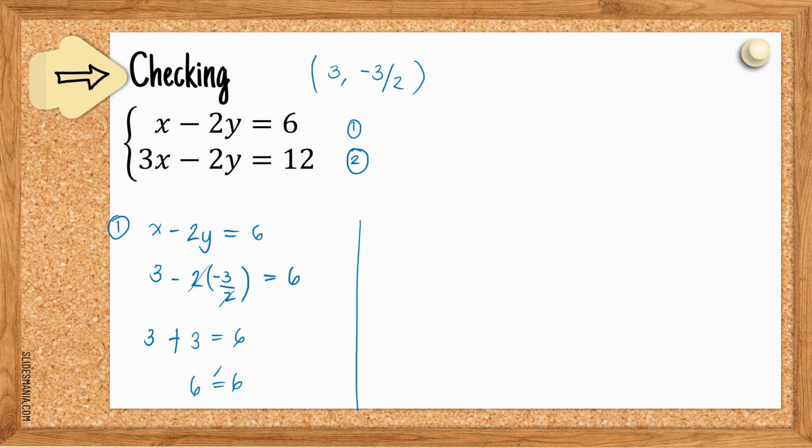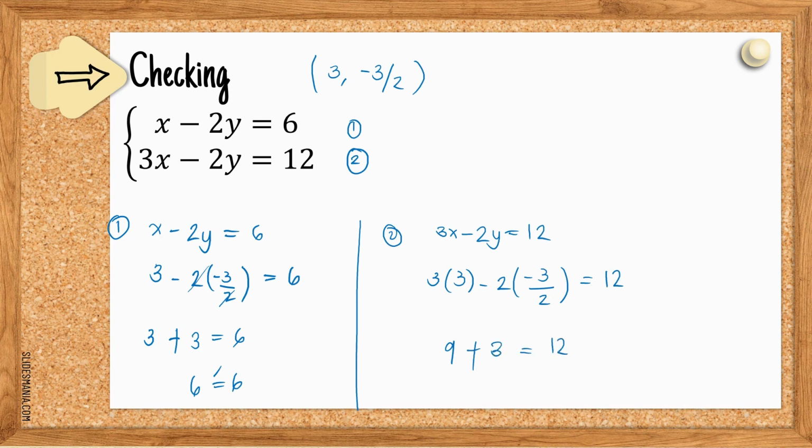Let's proceed to our second equation. 3x minus 2y is equal to 12. Again, let's substitute the values. 3 times 3 minus 2 times negative 3 over 2. Is it equal to 12? We have here 3 times 3, that is 9, and negative 2 times negative 3 over 2 is just positive 3.